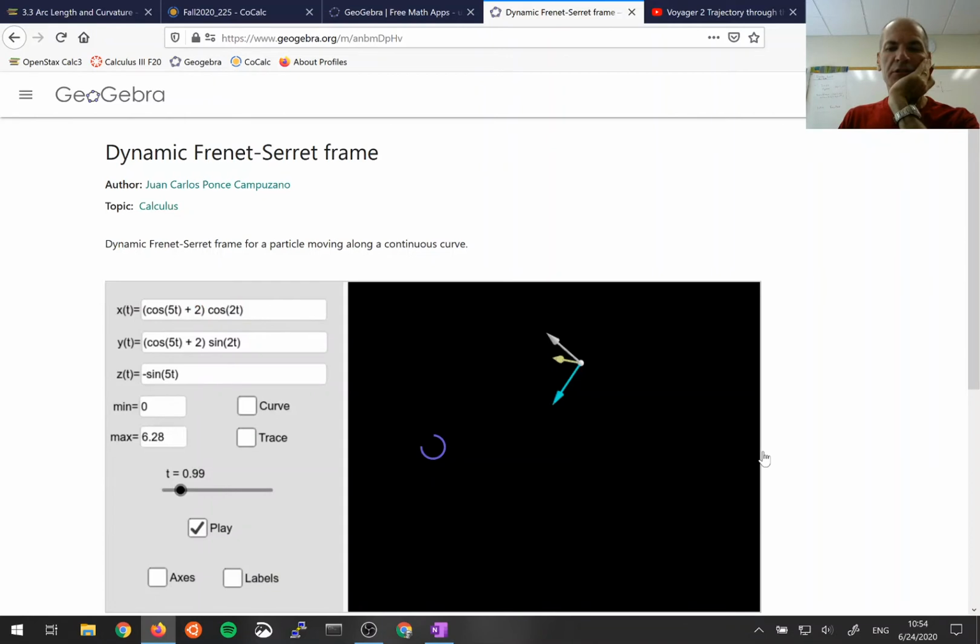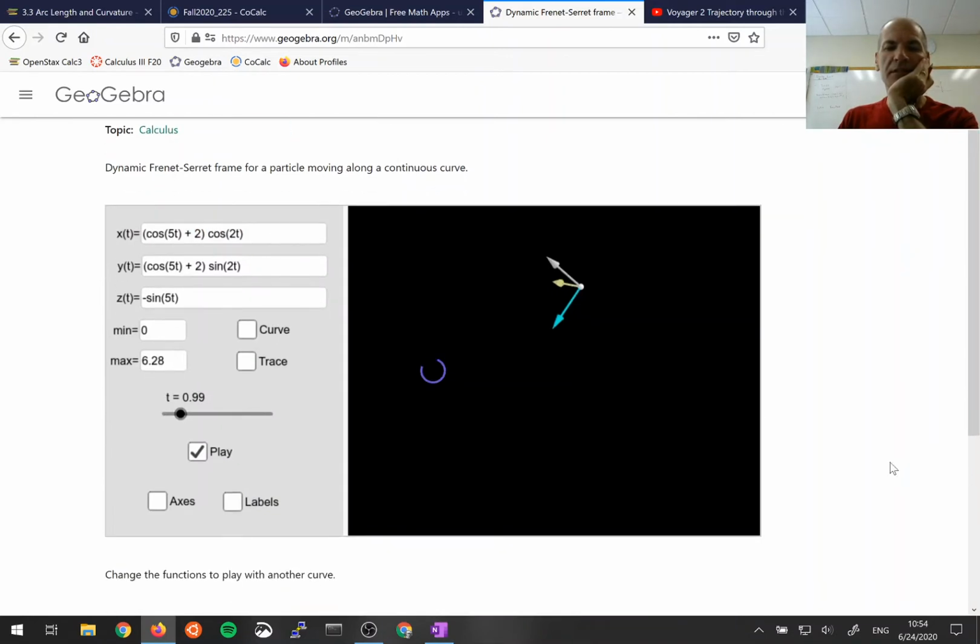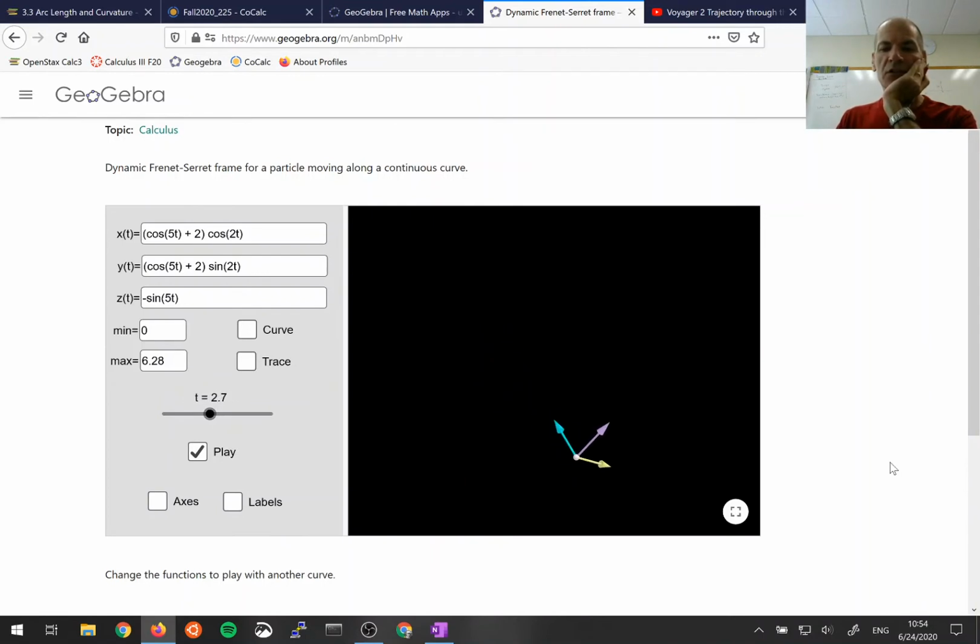And let me get this little app started. So here we see an animation of the three vectors, the tangent, the normal, and the binormal vectors. And you're like, hey, Schuler, what's happening here? It's just sort of floating around in black space.